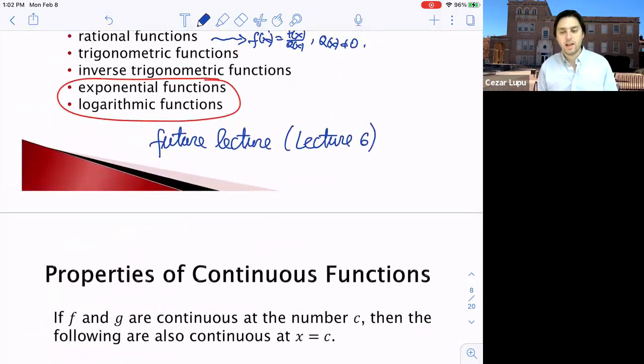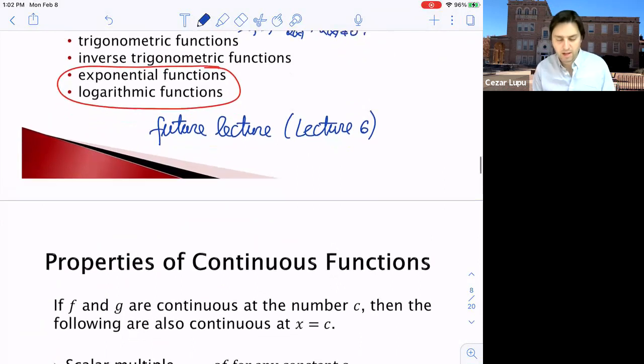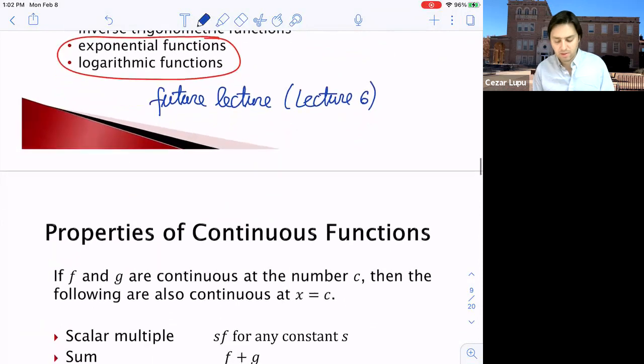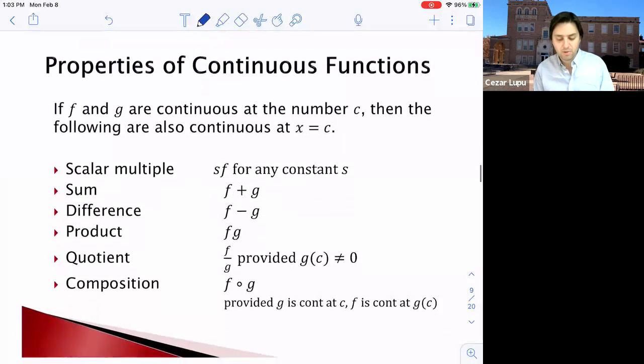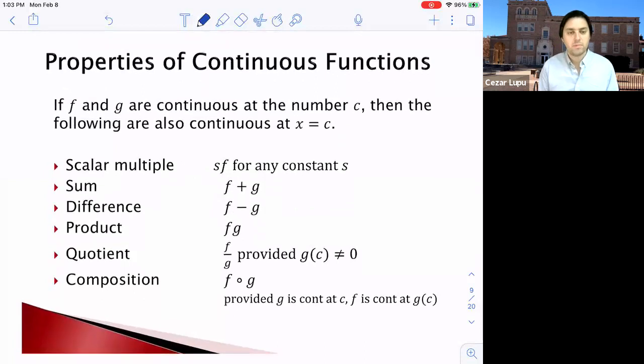Let's just start by saying that if f and g are continuous at a certain point c, then the following are also continuous at that point. And let's see how continuity behaves. First of all, you see continuity behaves really well. The first property is the scalar multiple.